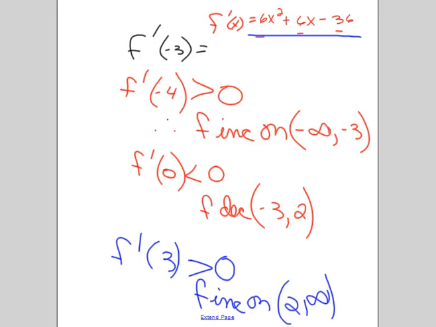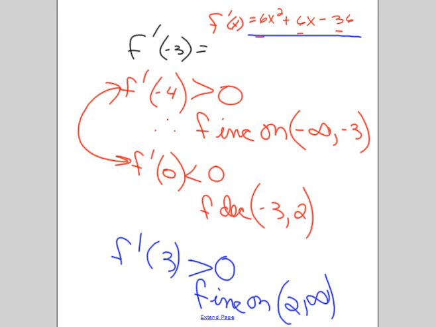Now, I haven't done the first derivative test yet. I've taken lots of first derivatives, but the first derivative test is to show whether a point is a max or a min. So, in an English sentence, you would write some sort of conclusion at the bottom. Since f prime changes signs from positive to negative at -3.